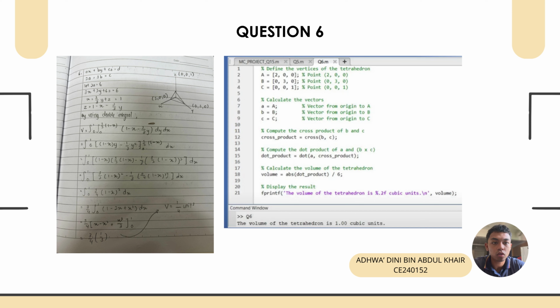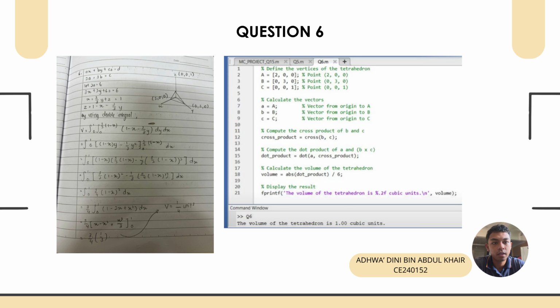A equals 2, 0, 0 from O to A, B equals 0, 3, 0 from O to B, C equals 0, 0, 1 from O to C. These vectors represent the edges of the tetrahedron originating from the origin.